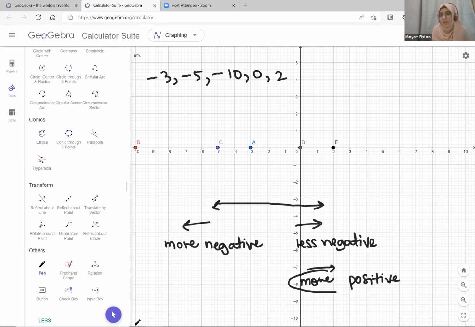Take a look at what I've written over here. As we go to the right, they become more positive, and as we go to the left, they become less positive. Right. So now can you tell me, out of these 5 numbers, which is the least positive number?